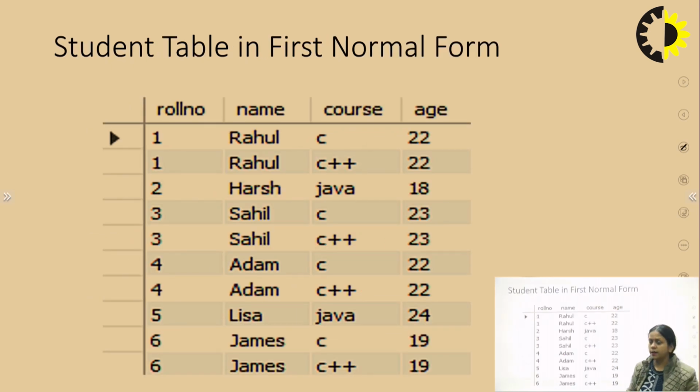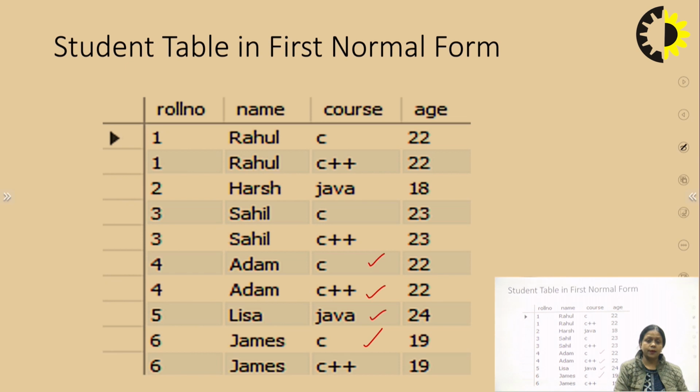Now this table is updated, and we have 2 rows for Rahul: in one row the course is C, and in the other row the course is C++. So we have created 2 different rows for the different courses. In this way, this table now has atomic data, because we have only single valued rows.